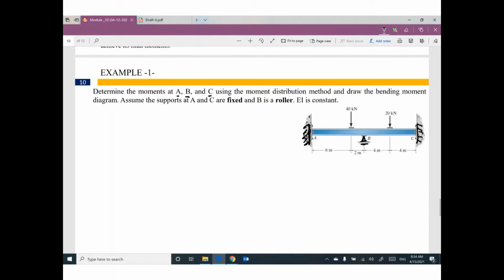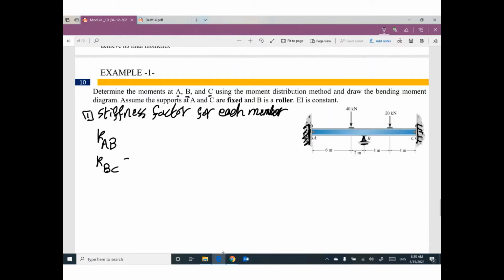Okay, first step, what is the stiffness factor for each member? K_AB, K_BC. Okay, go back here.